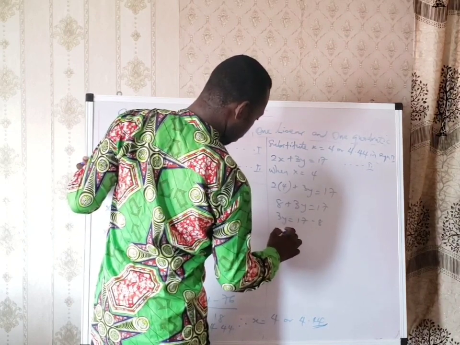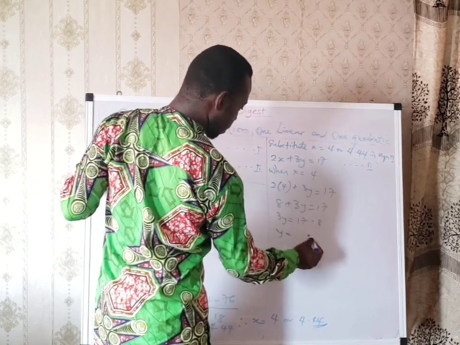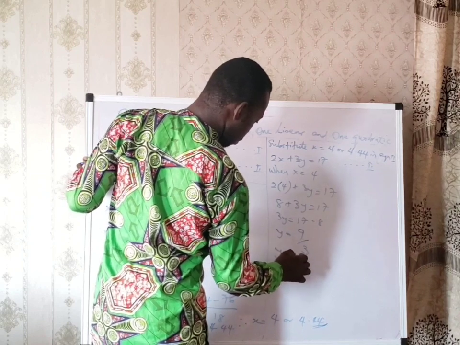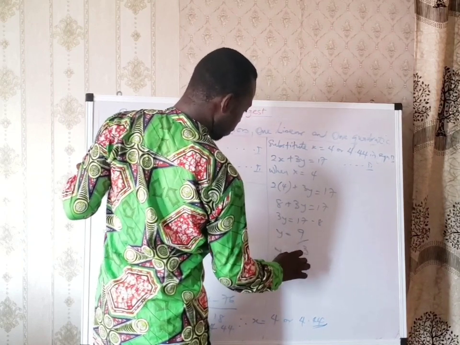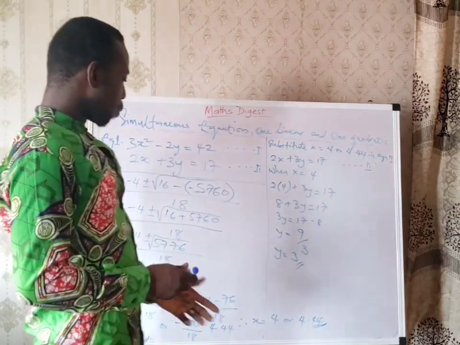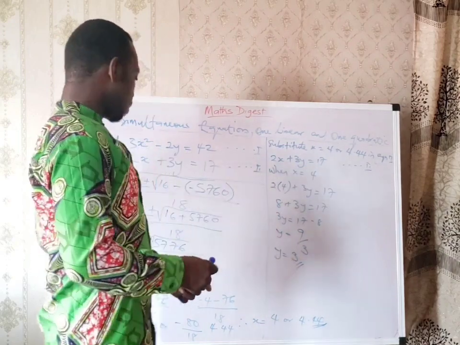So y is equal to this minus this, which gives you 9. So we have 9 over 3. So y is equal to this divided by this, which gives you 3. So when x is equal to 4, y is equal to 3.